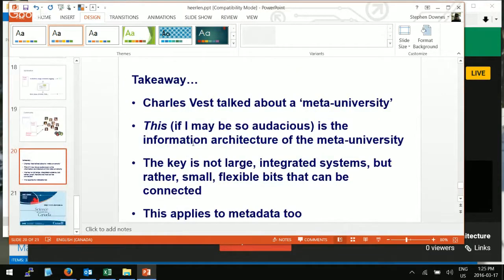So what's the takeaway here? Well, Charles Vest talked about a meta university those many years ago. If I may be so audacious, and I will be so audacious, this is the architecture for that meta university. These are the basic components that you need.